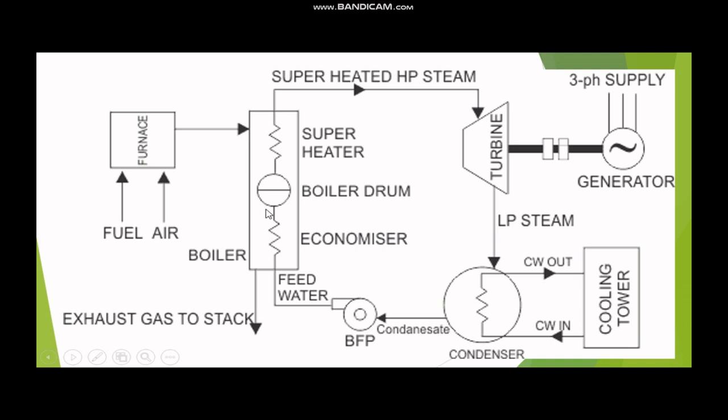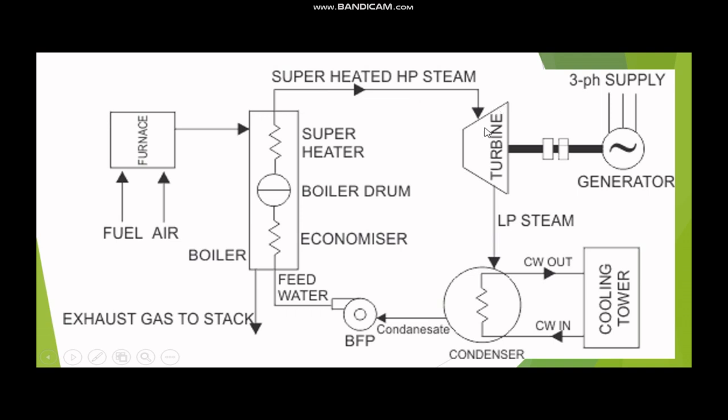That steam goes through this pipeline, the steam pipeline, and that steam is the superheated steam. We can differentiate saturated steam and superheated steam. Saturated steam holds the maximum quantity of water, but superheated steam is dry steam, maximum dry steam.